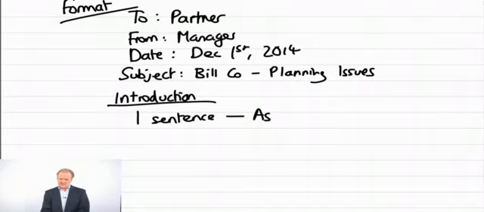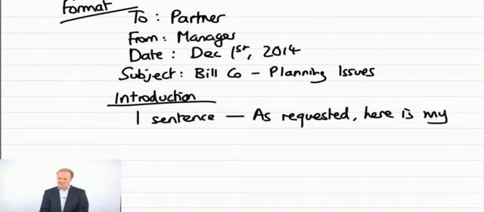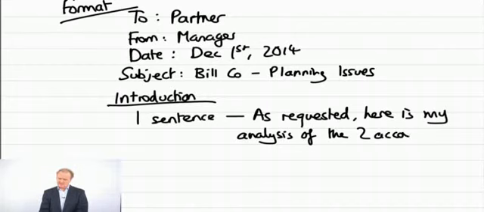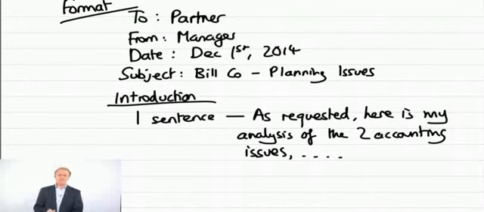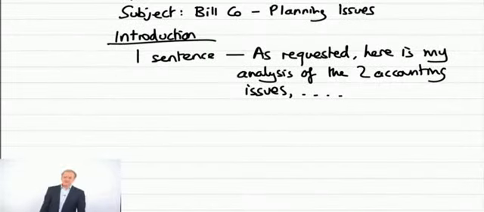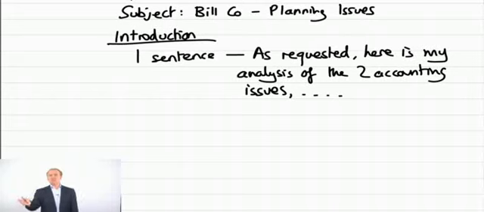You know, as requested, here is my analysis of the two accounting issues, as well as the quality of the planning so far, some ethical issues and some actions I propose we might take. So basically just rewrite the partner's words.